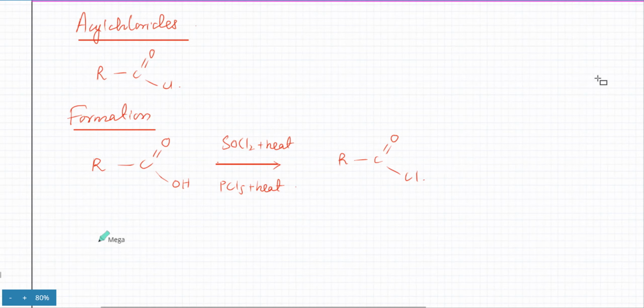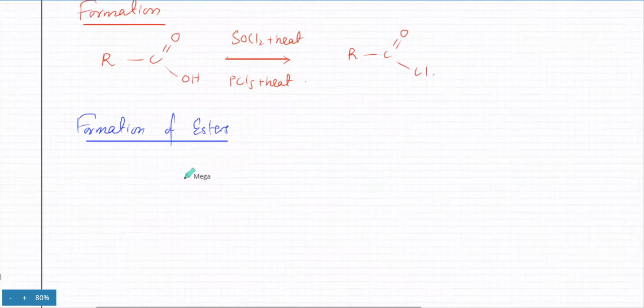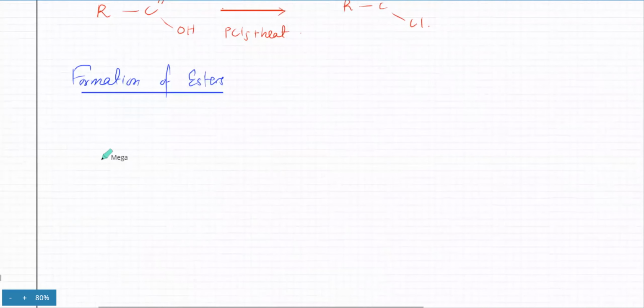The next thing we want to talk about with acyl chlorides is the formation of esters and amides. So starting with formation of esters. Normal esters are formed, there are different ways of forming esters.